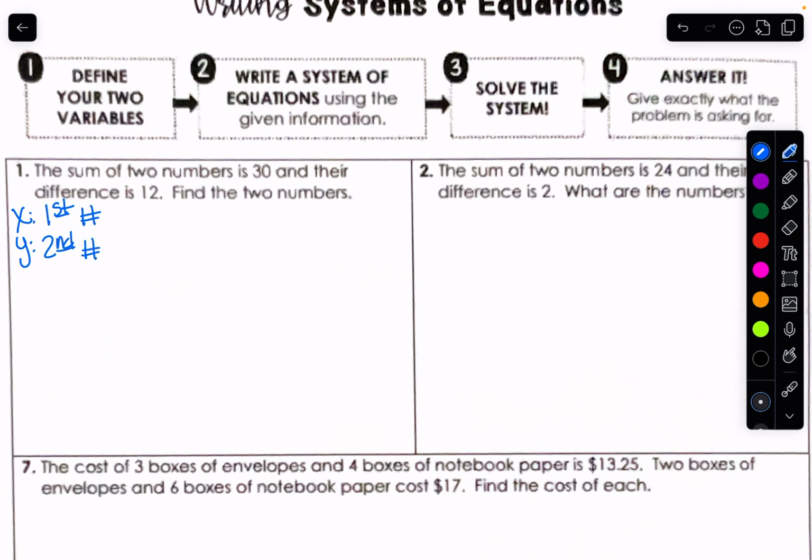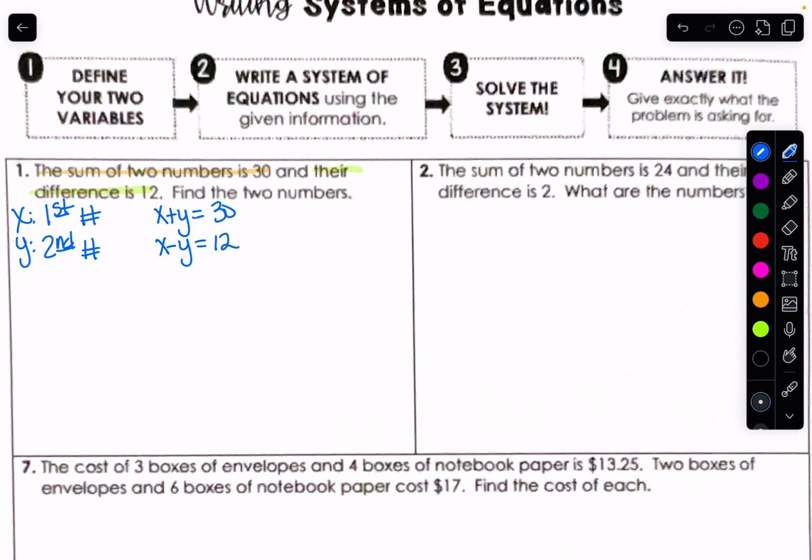To write my systems of equations, it's telling me that the sum of those two numbers is 30. So that means that x plus y equals 30. Then the problem is also telling me that the difference of those two numbers is 12. So that means x minus y is equal to 12.